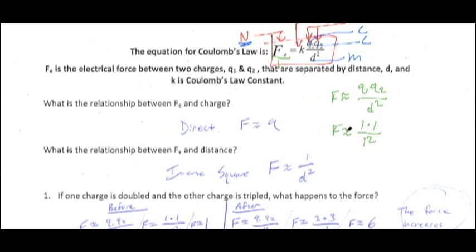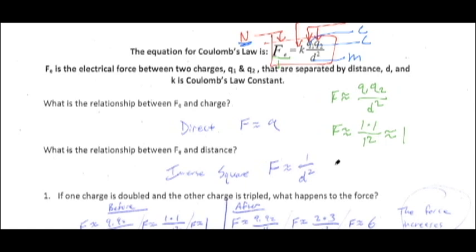So 1 times 1 is 1, over 1 squared is 1, 1 divided by 1 is still going to be 1. And that doesn't tell me anything, right? I have to do this a few more times before I actually see what's going on.